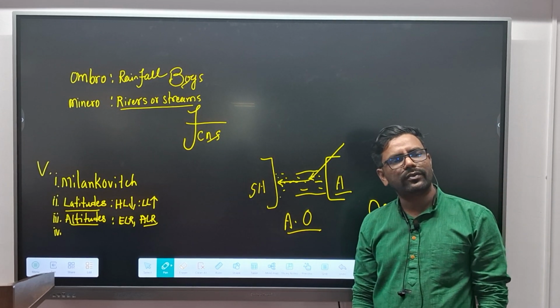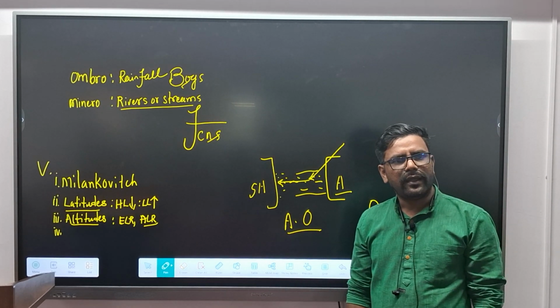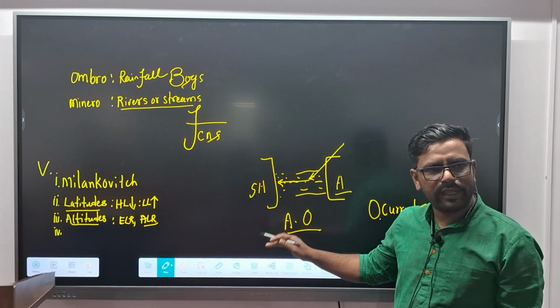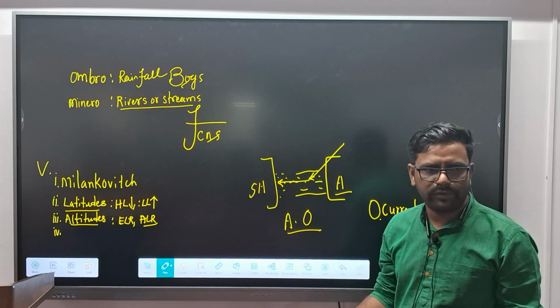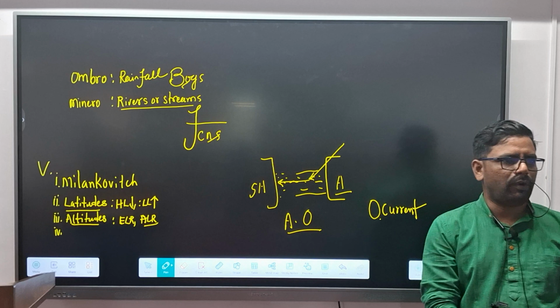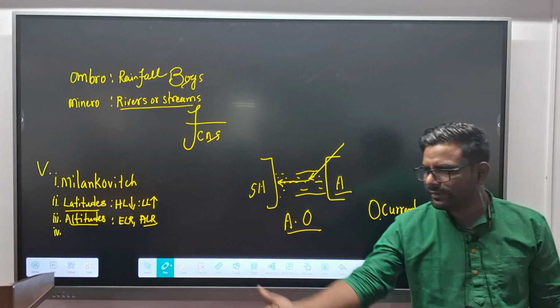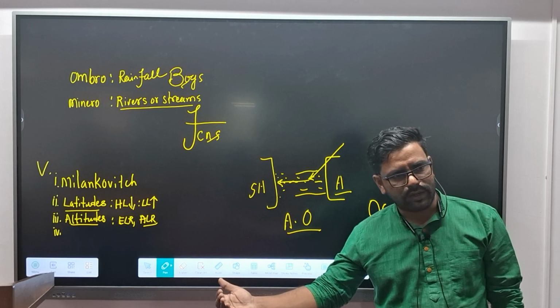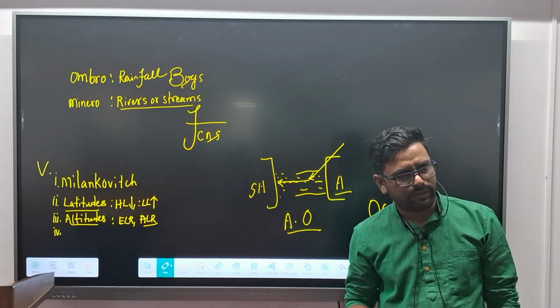What we call an oceanic current, right? It's not always horizontal. A current can mean both. Now suppose I take one bottle of water and hit it, the water will come to my side, right?